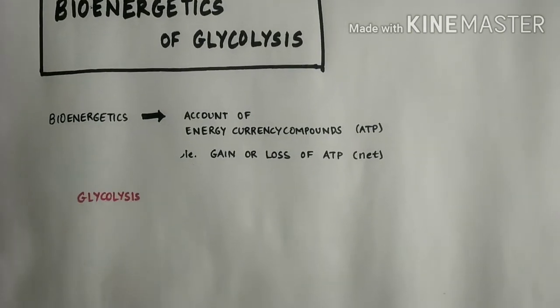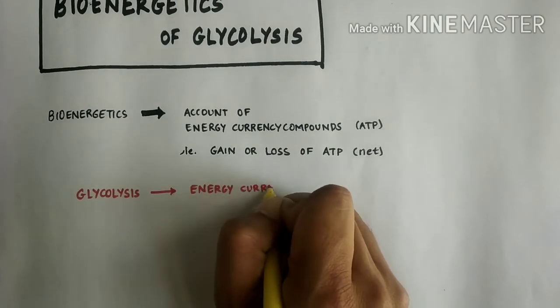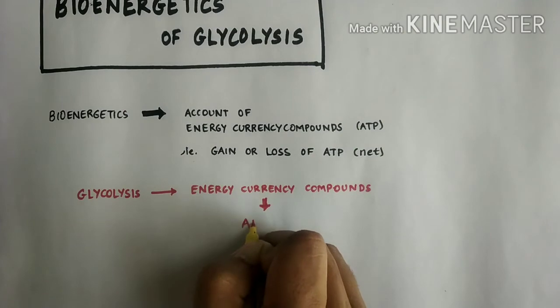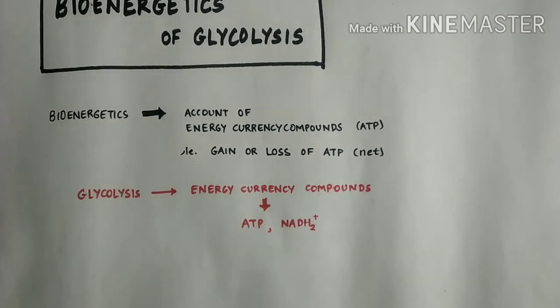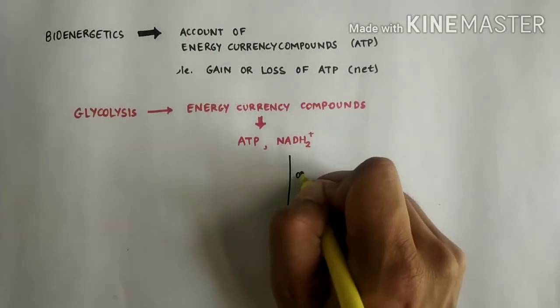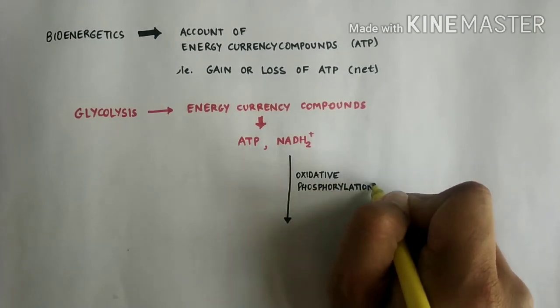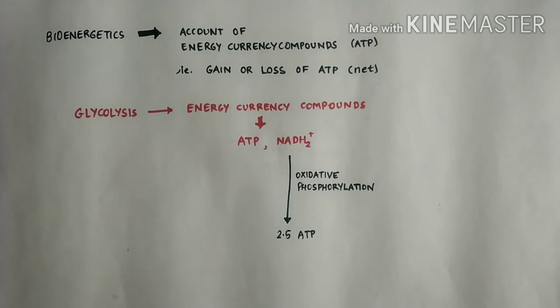In glycolysis, two energy currency compounds are produced. One is ATP and another is NADH2+. Why is NADH2+ also an energy currency compound? Because it undergoes a process called oxidative phosphorylation and converts back to NAD, and the process releases 2.5 moles of ATP.